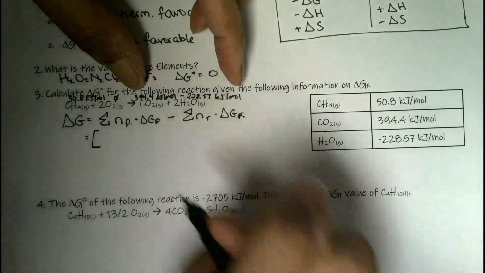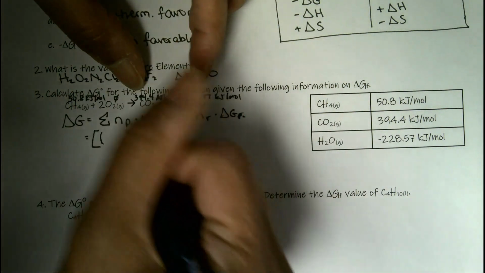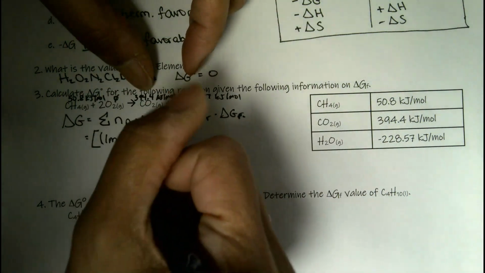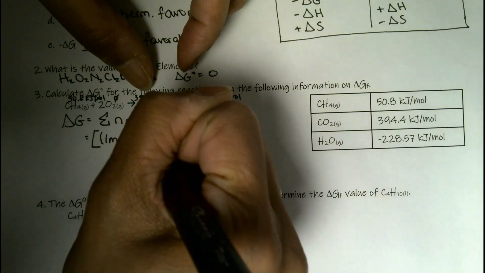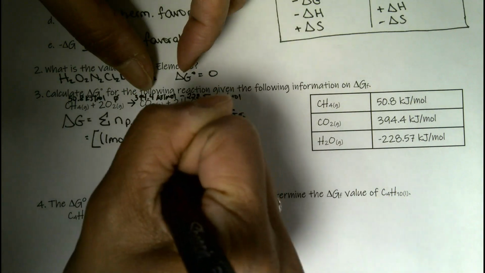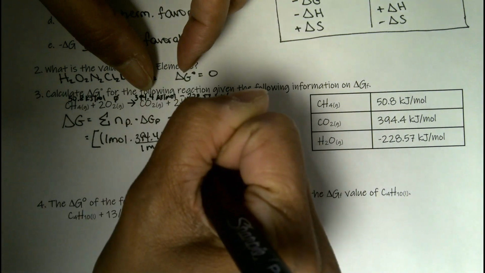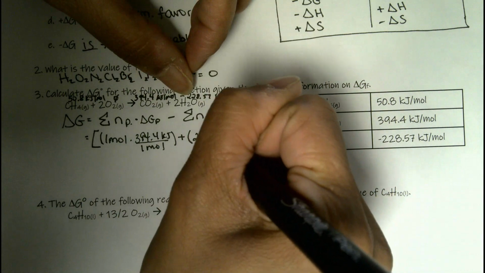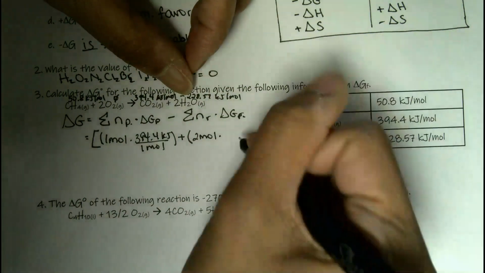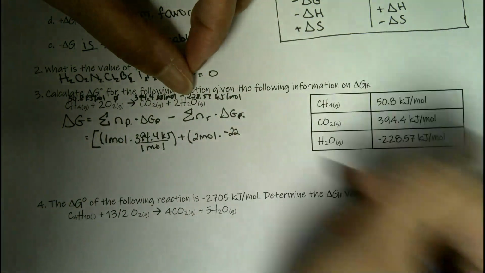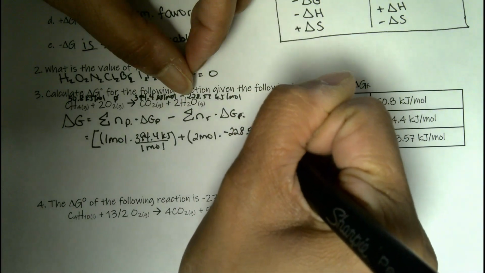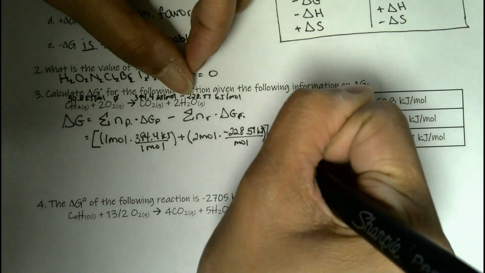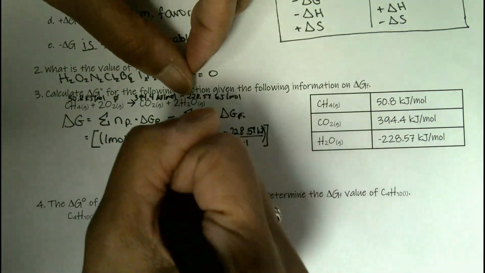We have, and I'm going to put the products in brackets, 1 mole for CO2 times 394.4 kilojoules per mole, and then that is added to 2 moles of water times negative 228.57 kilojoules per mole, minus, I'm going to have to squeeze this over here.